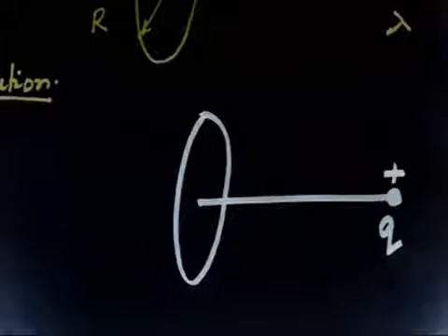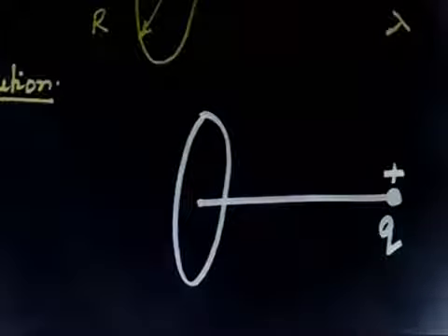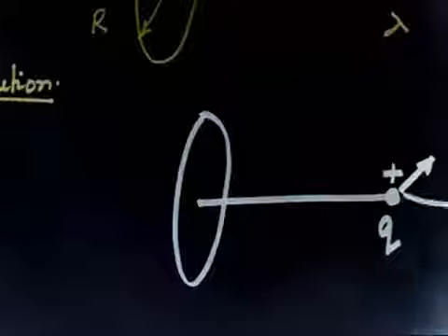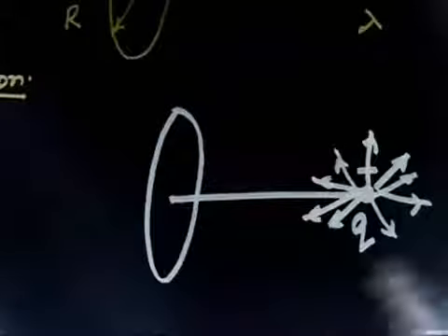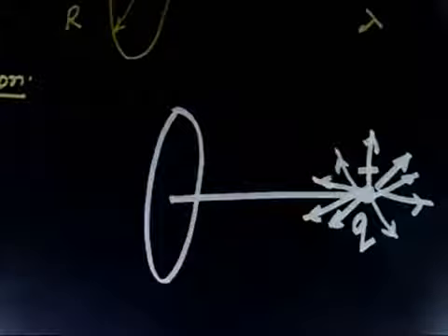If I apply the Gauss law, I know the total flux radiated by this charge passes through an angle of 4 pi, in this side also. Now only some part of the flux passes through this circular area.